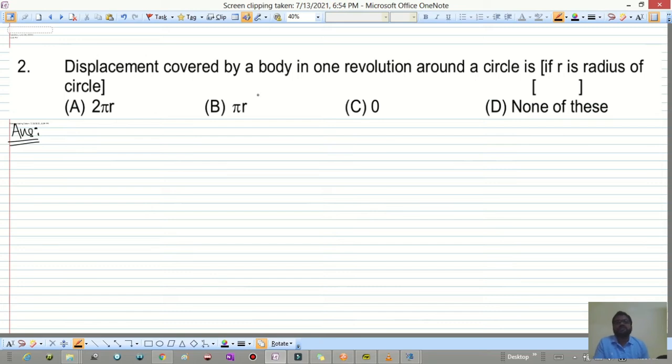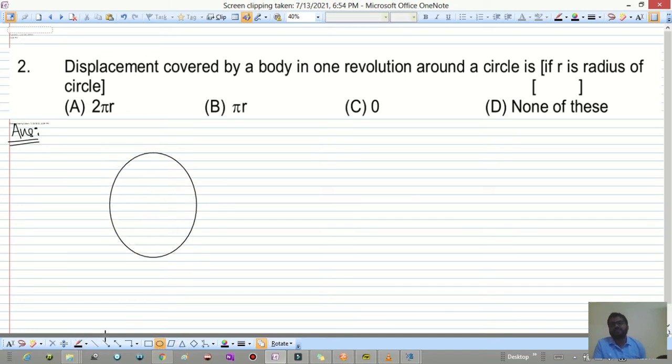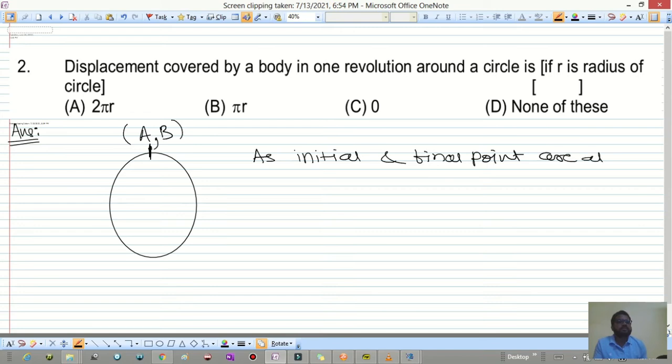Next question. Displacement covered by a body in one revolution around a circle is, see, for a circle, initially at this point A and finally also the position of the particle will be at the same point. What is the shortest distance between the final and initial point? It is the same point, indicates it is 0, as initial and final point are at the same point.